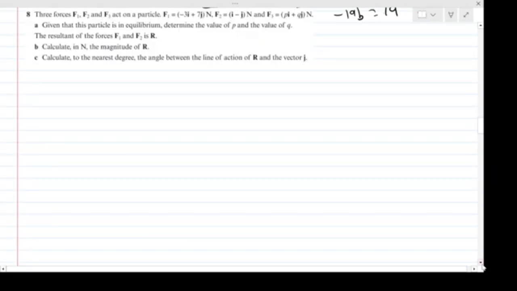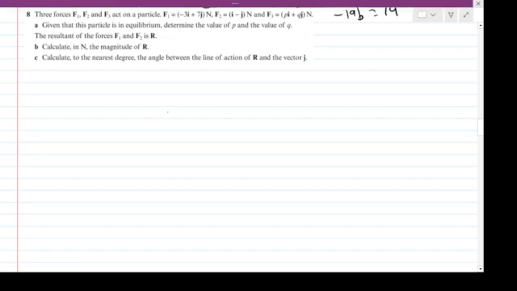Okay, so we've got this question here, and now we're told that three forces F1, F2 and F3 act on a particle, and we're given the vectors for each of these three forces, and it says given that the particle is in equilibrium, again that keyword means balanced forces, we need to find p and q here. So again, we've got these three forces, F1, F2, F3.